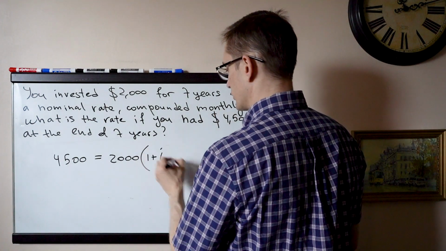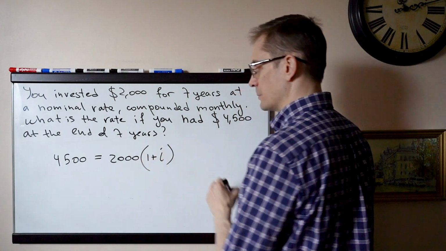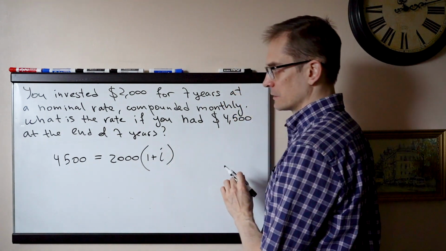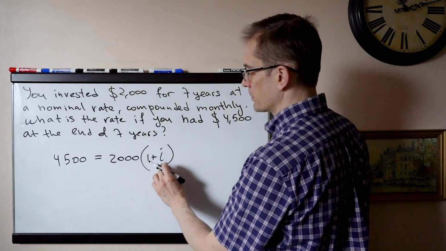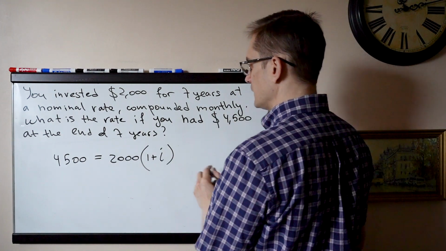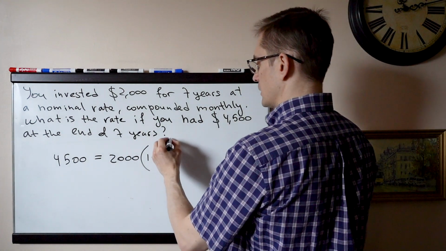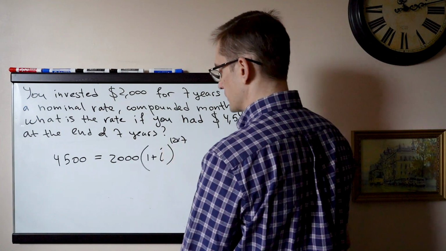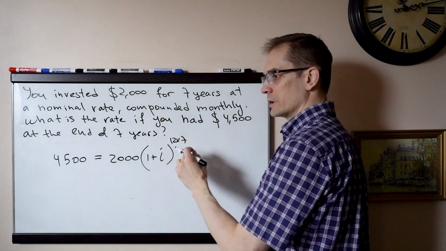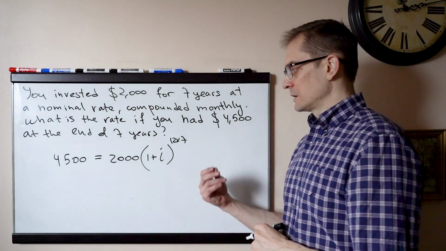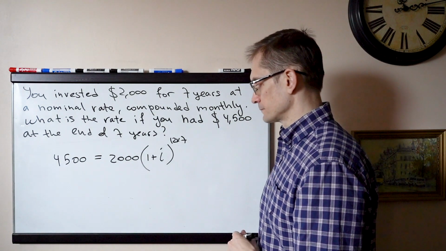some rate I, so we don't know that rate I, we'll just keep it as I here. It's a periodic rate per period, which is in this case monthly, so it's a rate per month. And N is 12 times 7, because that's the total number of months that the rate has been compounded.